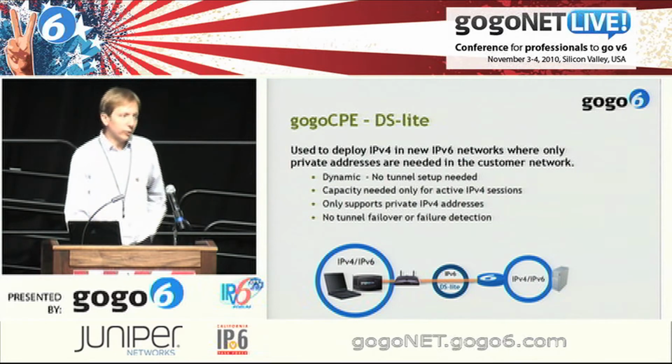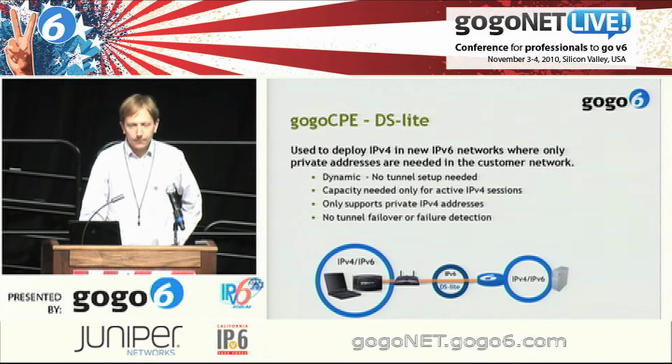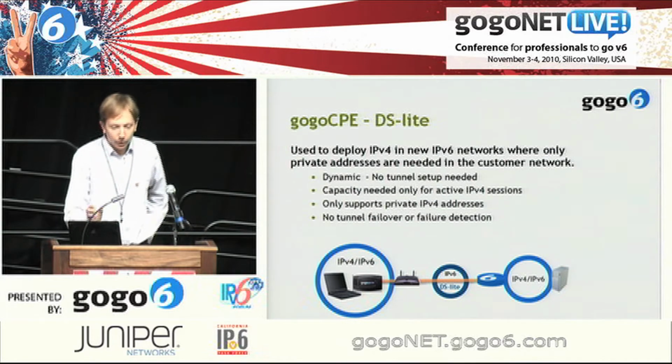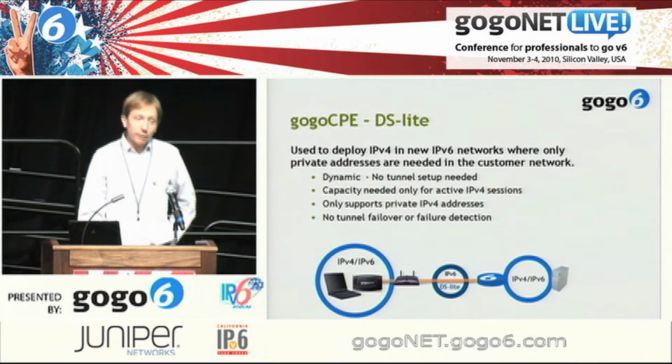People have talked a lot about dual stack through the days here, and we see it also as an important part in IPv6 migration or IPv6 deployment, because we need to somehow make it work together with IPv4. So the Gogo CPE comes in a DS Lite version, and plugs in, oh, this is actually a bit the opposite. Plugs in before your home router in that case.